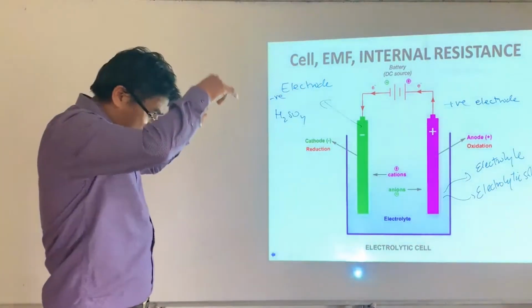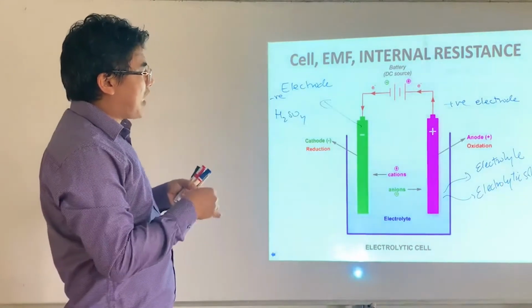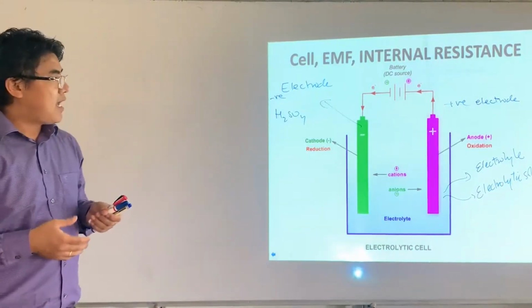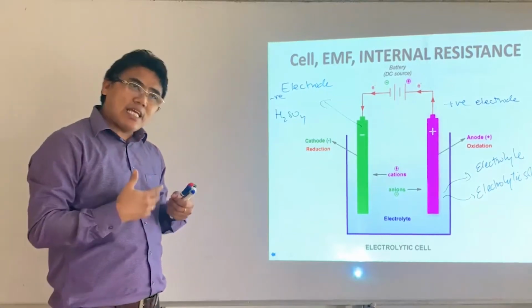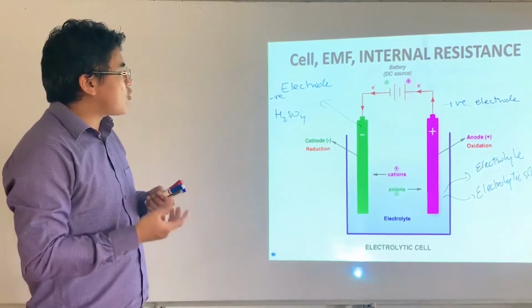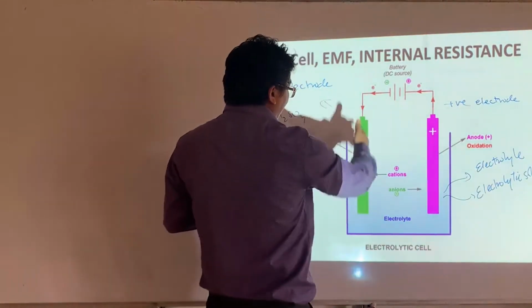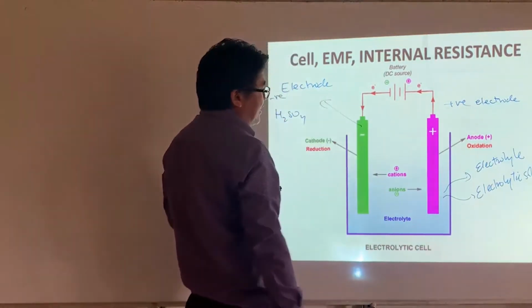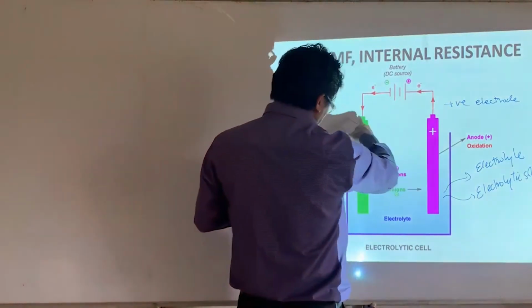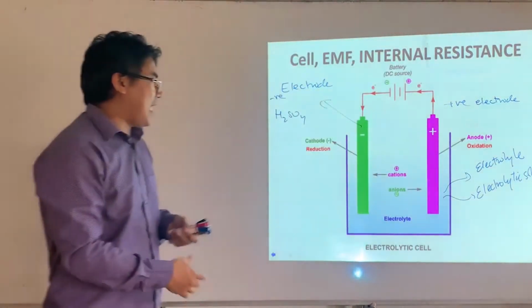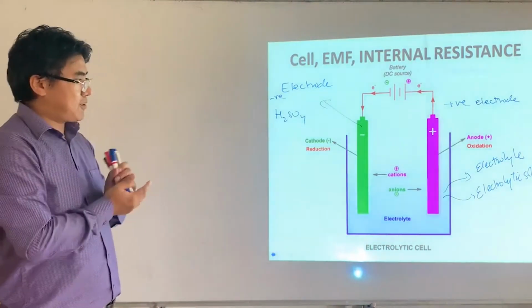As soon as I dip these two electrodes, the chemical reaction takes place, electrolysis, due to which there is accumulation of positive charge and of negative charge, until it attains equilibrium.